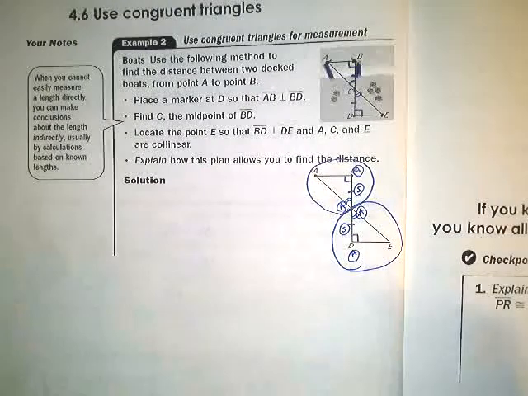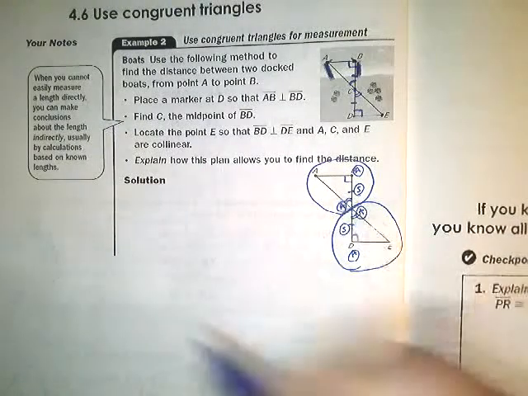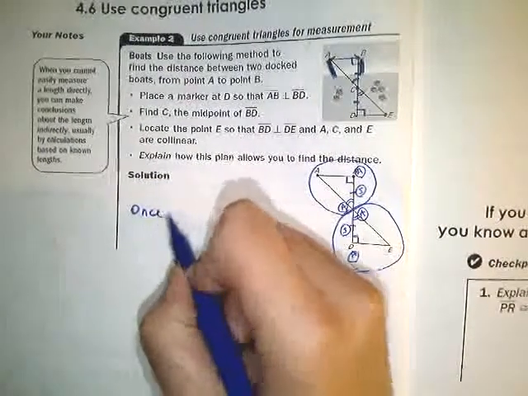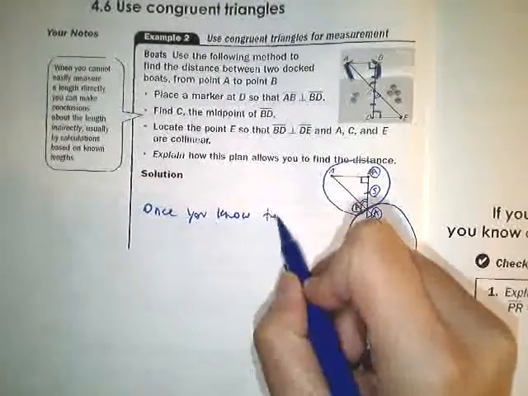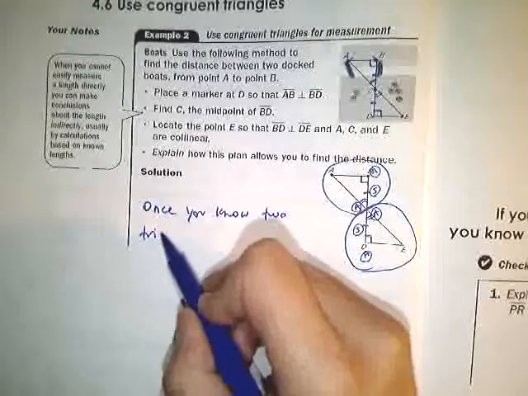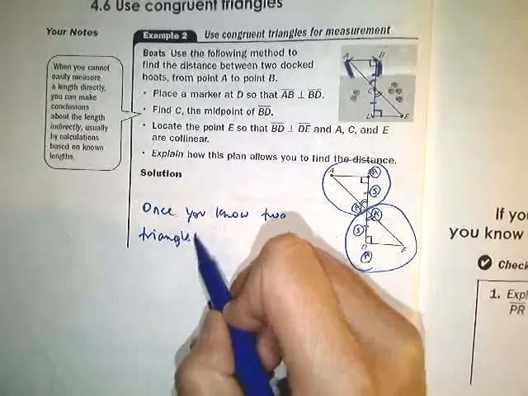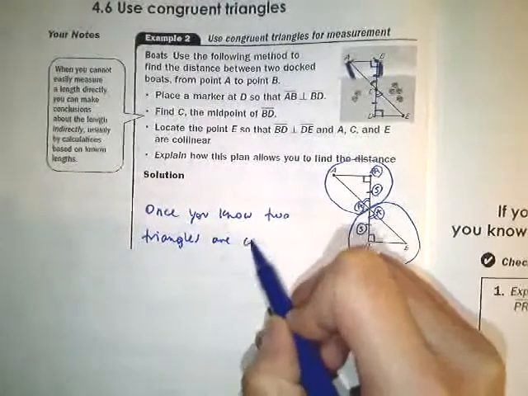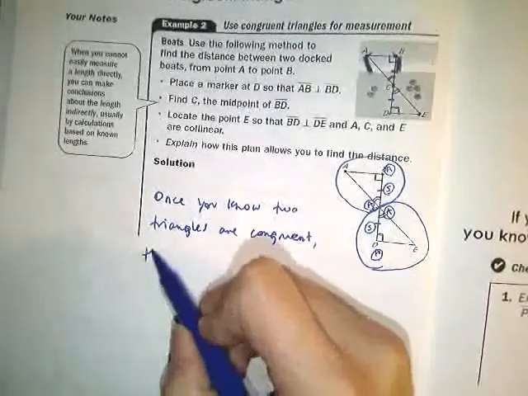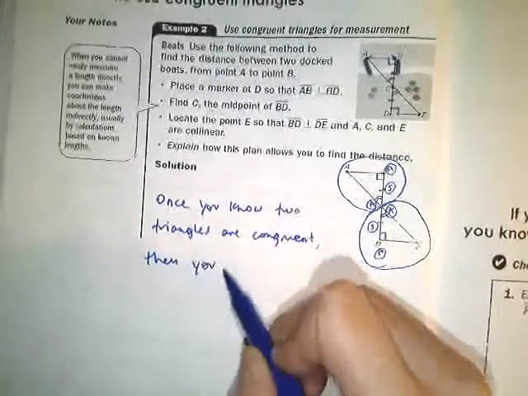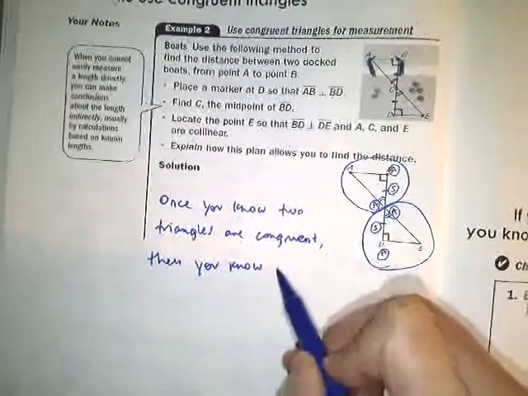Now, once you know that two triangles are congruent, then you know 6 things.